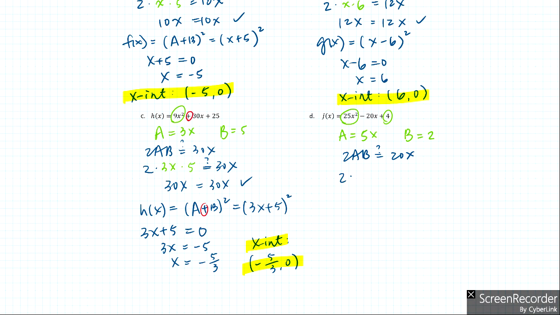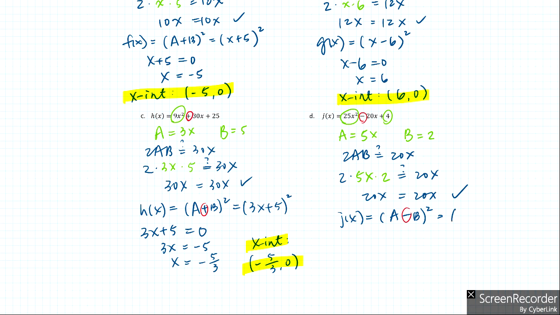Here, 2 times a, which is 5x, times b, which is 2. We check whether that's 20x. If we multiply all the numbers together, 2 times 5 is 10, 10 times 2 is 20. So 20x does check out. Therefore, j of x can be written as (a - b) squared. Again, make sure your sign matches the middle term sign.